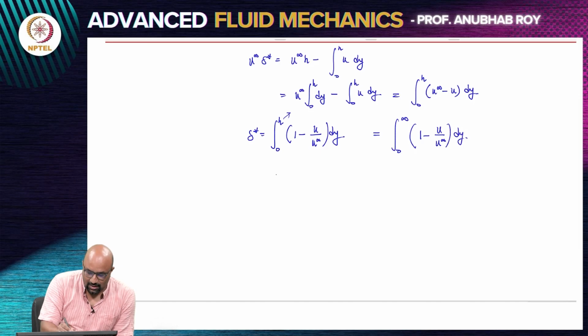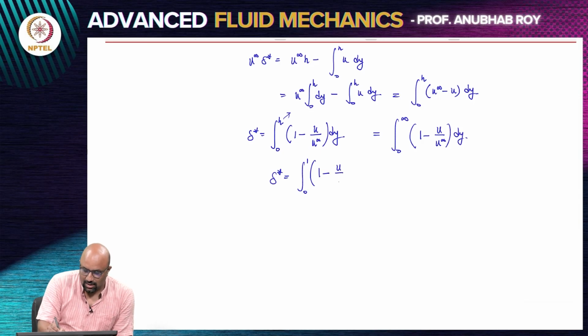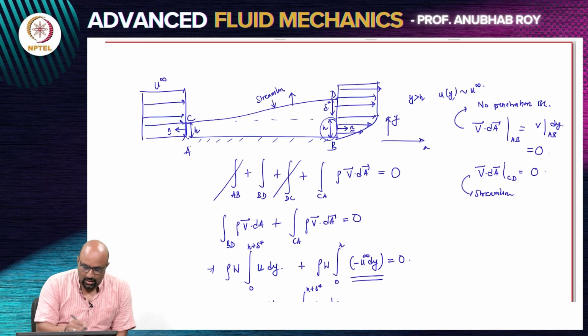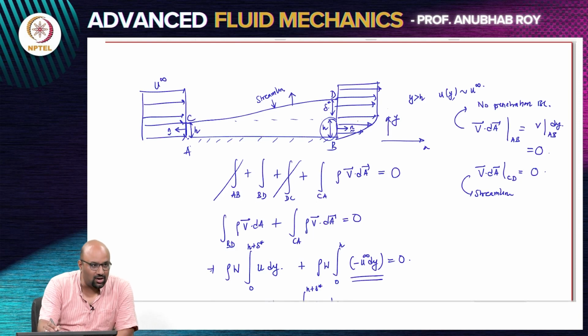So I have a measure of the boundary layer thickness which is based on the deficit in the streamwise flow at a given height. If this was inviscid, obviously this quantity would be 0, because u would be equal to u infinity at every y location. The consequence of the boundary layer forming here is that the flow has gotten slowed down.